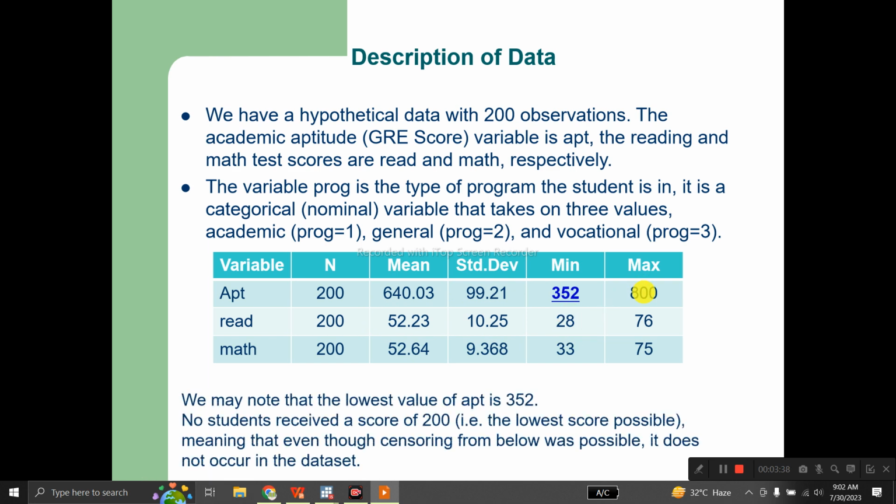We may note that the lowest score for aptitude is 352. No students received a score of 200, the lowest possible score, which means that even though censoring from below was possible, it doesn't occur in the data set because the minimum score is above the lower threshold.